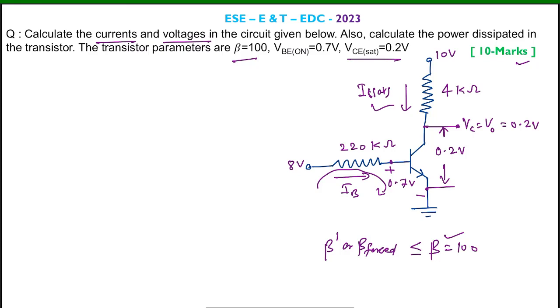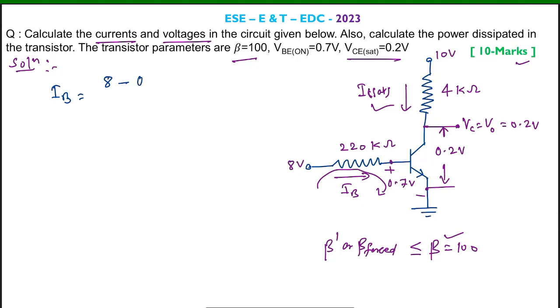So now first of all we can find the IB value. What will be the IB value? For this circuit, IB is equal to 8 volt, the input voltage, minus the drop across the base to emitter junction, 0.7.